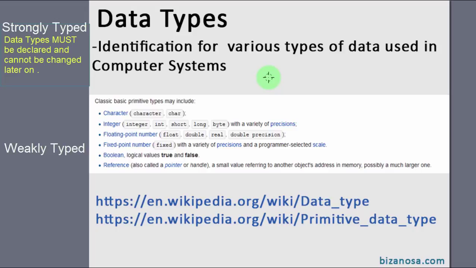Is it going to be a number? Is it going to be some kind of sentence? Is it going to be a character? You have to say that in a strongly typed language. In a weakly typed language, you just define the variable and you can give it any data type when you're implementing it.